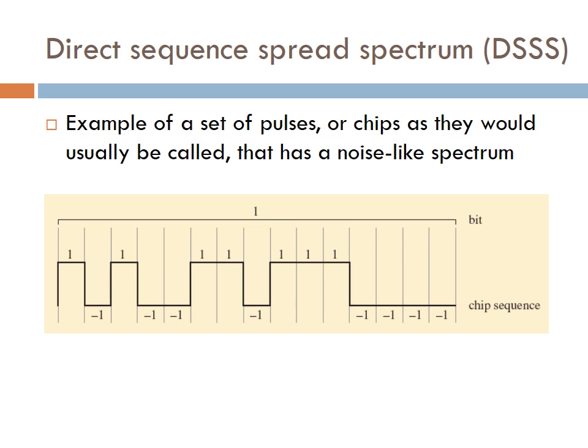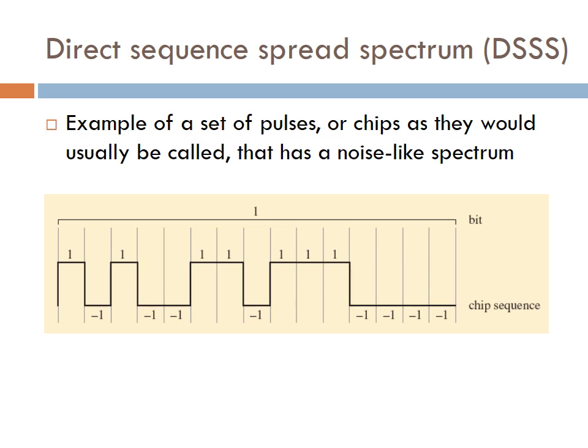The following figures give an example of a set of pulses, or chips as they would usually be called, that has a noise-like spectrum. A sequence of chips with the required property of having a noise-like spectrum is called a pseudo-noise sequence, or PN sequence. It's sometimes also called a pseudo-random sequence.